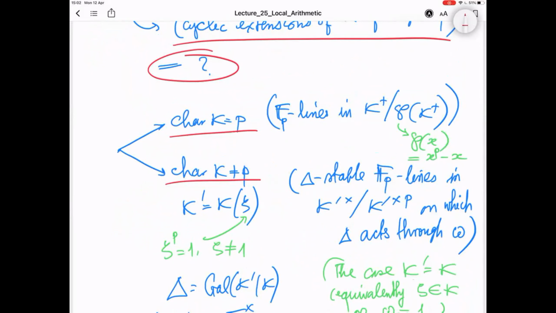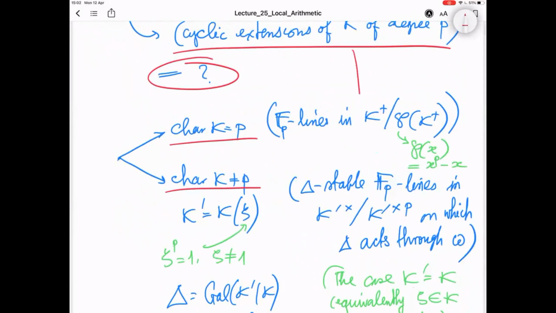And we saw that in this case, when the characteristic is equal to p, the set of cyclic extensions is in bijection, there's a natural bijection, right? With the set of F_p lines in K plus modulo ℘K plus, where ℘ is this endomorphism of K plus, which sends x to x^p minus x.